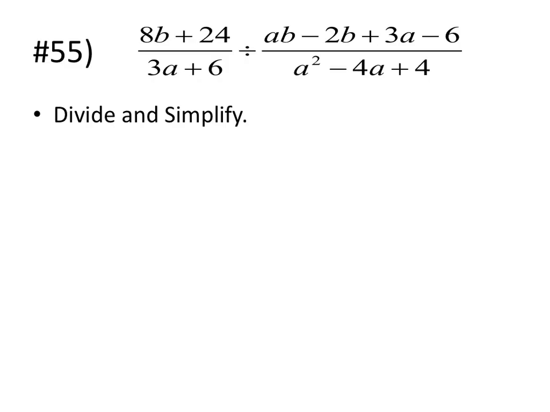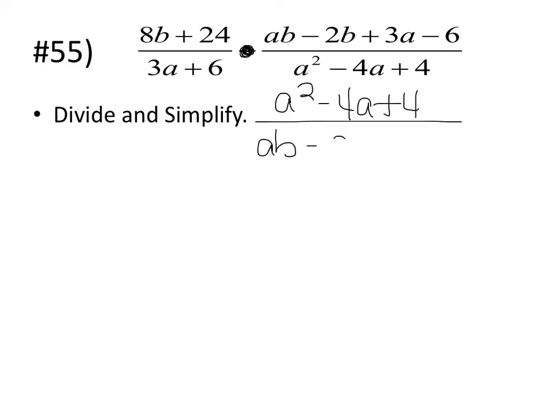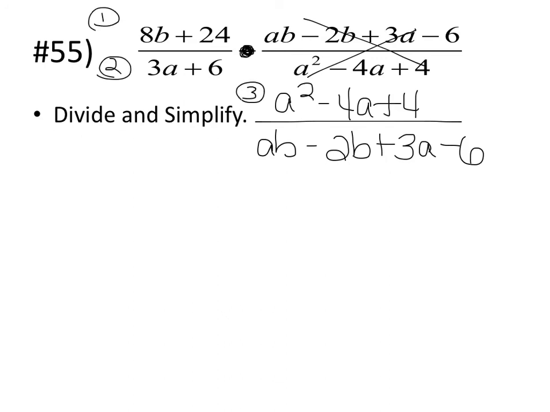All right, and last one here, we're going to change this to multiplication, and then we're going to flip this over. So we got a squared minus 4a plus 4 over ab minus 2b plus 3a minus 6. Okay? So we're going to go 1, 2, 3, 4.